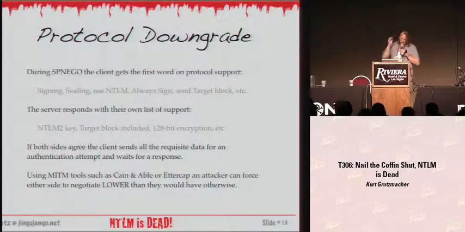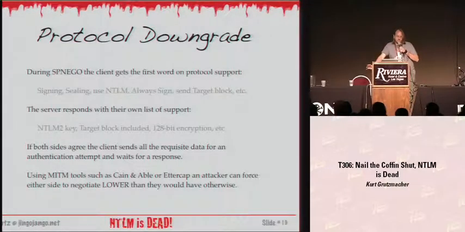So he may say, no, I want you to do NTLM v2. I want you to do 128-bit encryption, which I haven't seen actually implemented, but once everything is agreed upon, the session is created and the authentication steps move forward.